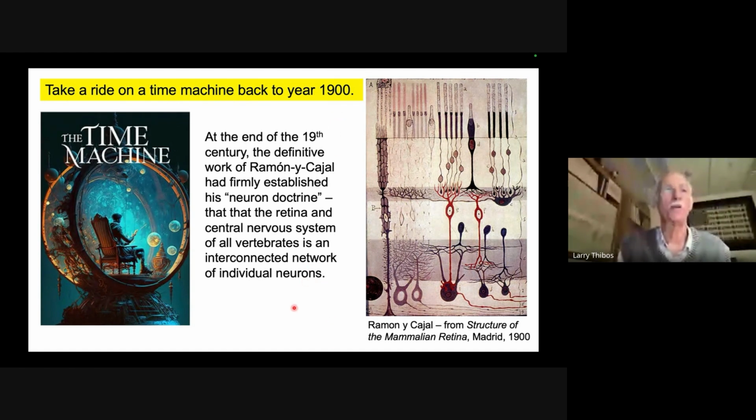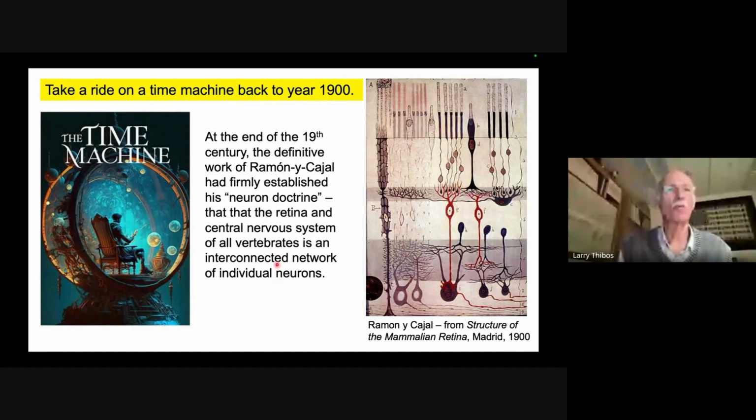At the end of the 19th century, the definitive work by the great Spanish retinal anatomist Ramon y Cajal in Madrid had firmly established what he called the neuron doctrine. And that was that the retina and the central nervous system in all vertebrate animals, including man, is an interconnected network of individual neurons.